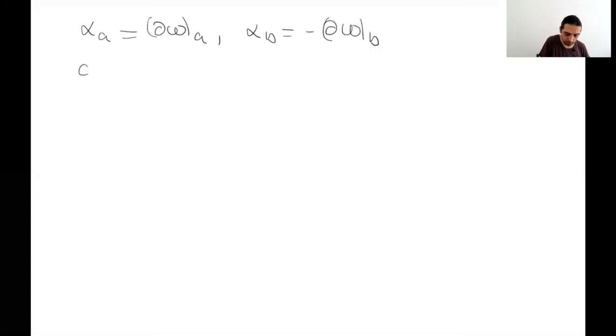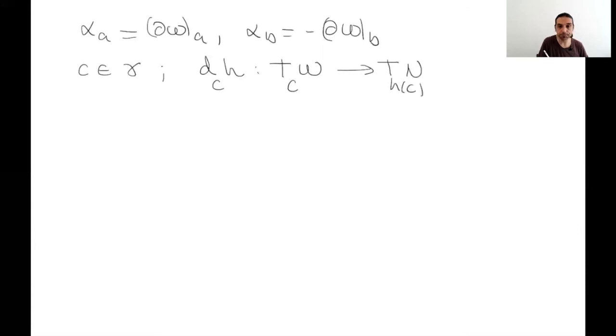Let's consider now C a point in gamma. For this point, we can consider the differential of H at the point C, which is going to be a map between the tangent space of W at C and the tangent space of N at H(C). But of course, we can here divide by the kernel of this map.